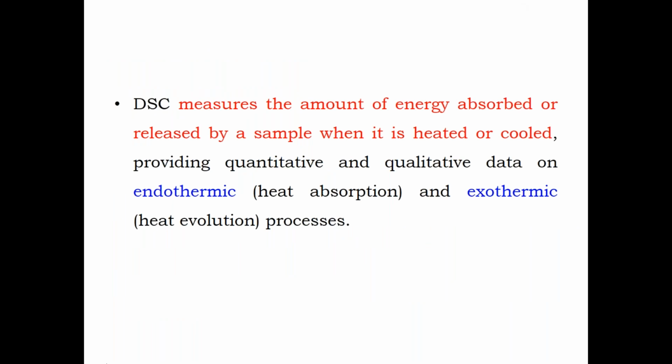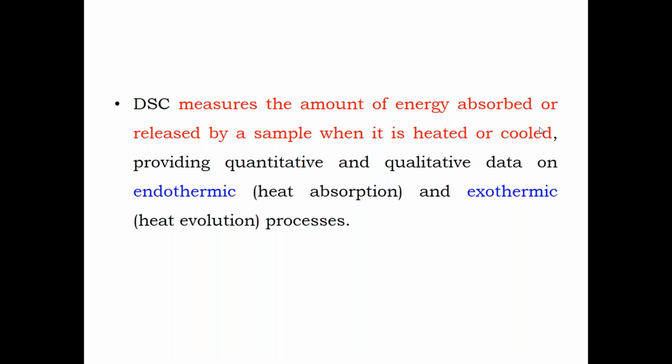So now, what does it measure? The next question that comes to our mind is, okay, we have an equipment called DSC, and we are subjecting our material to the analytical technique, DSC. And it measures what? It measures the amount of energy absorbed, because it's a thermal procedure where we are exposing the substance from lower temperature to higher temperature.